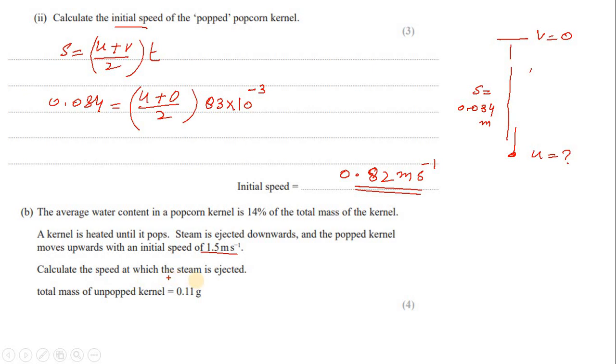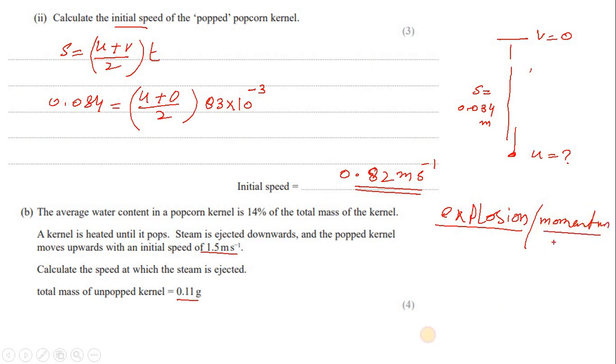Calculate the speed at which the steam is ejected, and the total mass of the unpopped kernel is 0.11 gram. So this question is all about the law of conservation of momentum. More specifically, it is all about explosion. An explosion is a specific case of momentum.